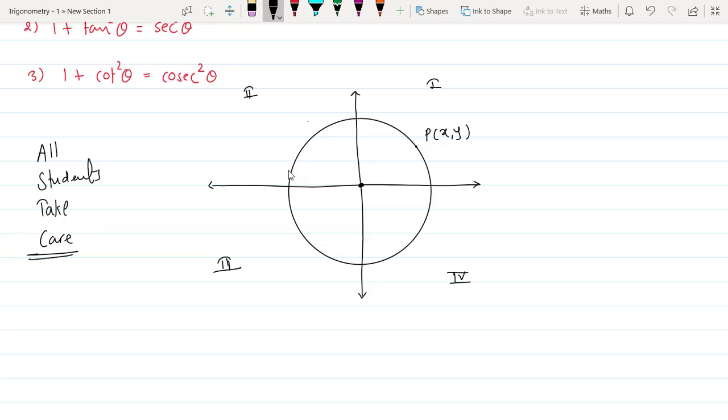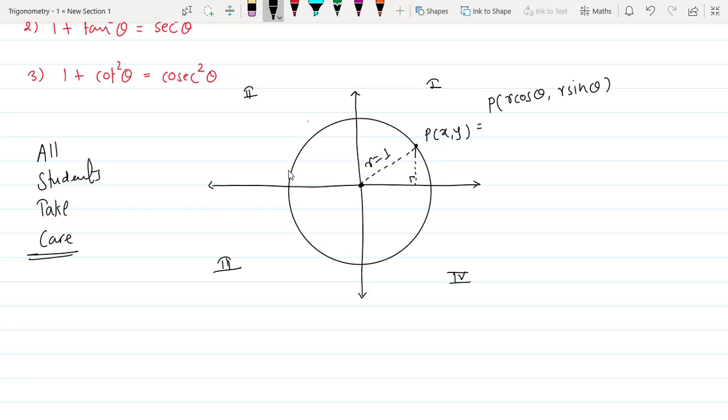But how? See here, we have taken this right angle triangle, and as this is P(r cos theta, r sin theta), where r is the radius of this circle. Now let's consider r is equal to 1.